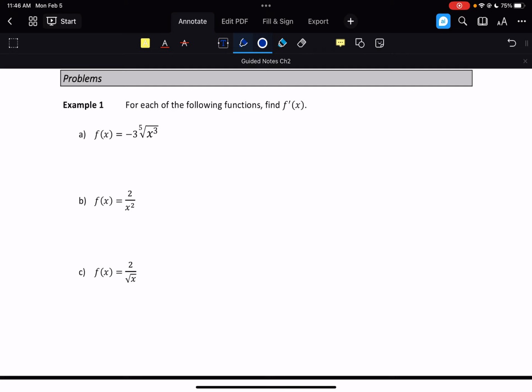So the key here is we need to rewrite these functions in proper form to be able to use something like the power rule. So f of x, so we have negative 3. This is x cubed, and we're taking the 5th root of it. So that's the same thing as the 1/5 power. So this is x to the 1/5 and cubed, so that's x to the 3/5.